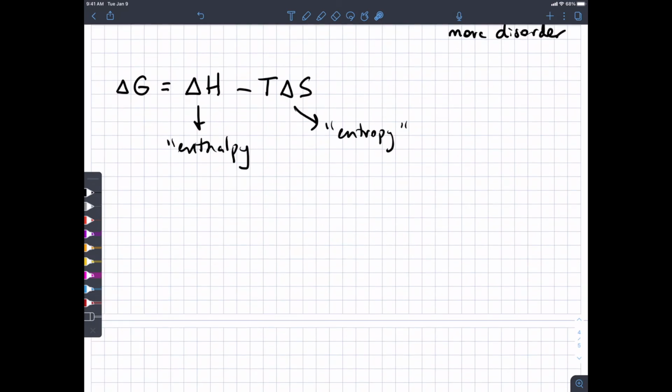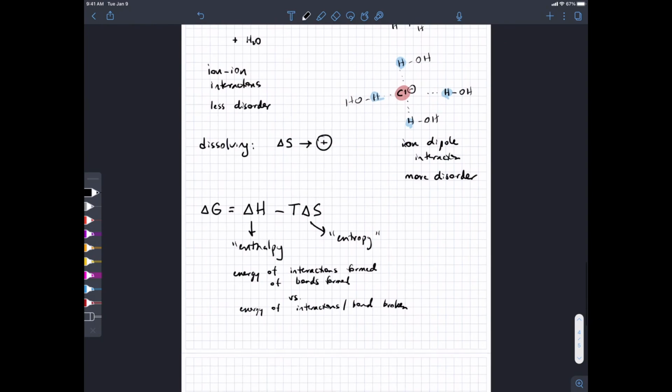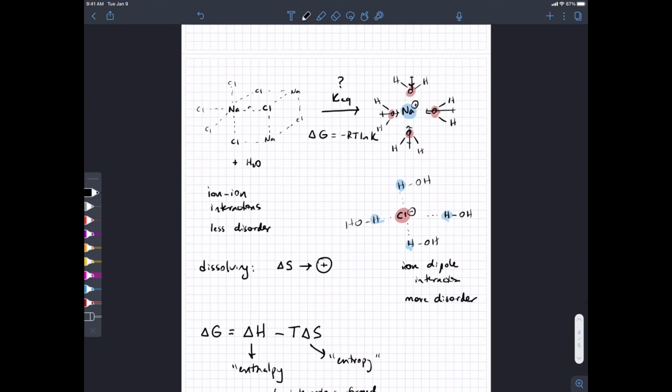For a process, the change in enthalpy is related to the energy of interactions that are formed as a process occurs, or also the energy of bonds formed versus the energy of interactions or bonds that are broken. So the question for enthalpy is, are the interactions that I form stronger than the ones I had to lose?